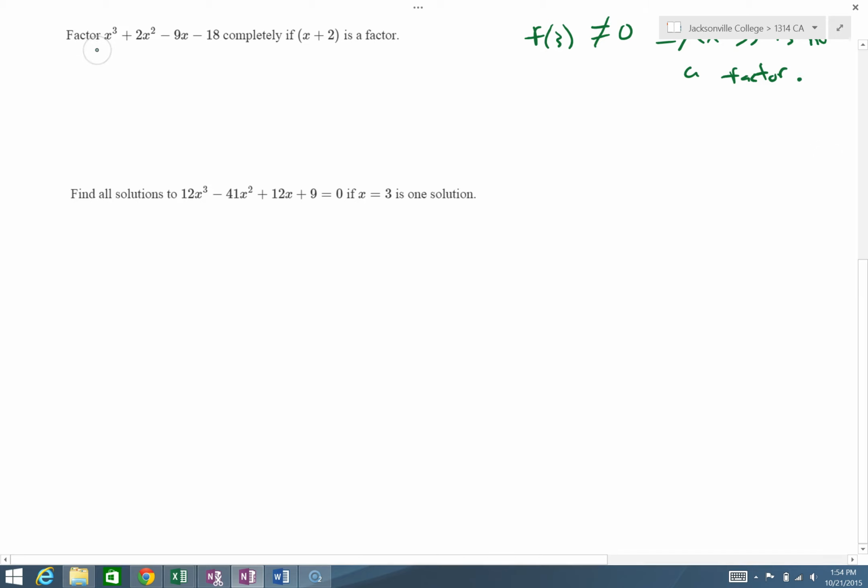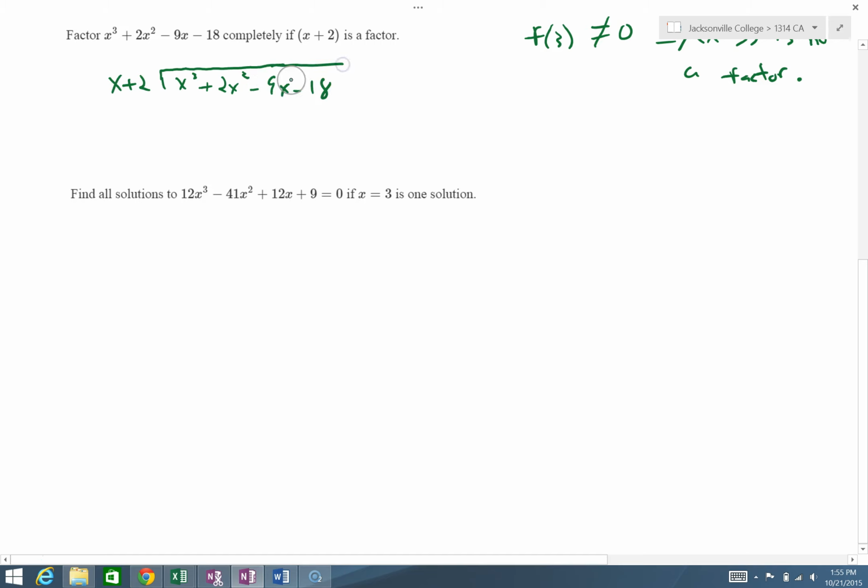Factor x cubed plus 2x squared minus 9x minus 18. What I'm going to do to find the other factors of this polynomial is simply divide by this x plus 2. So I'm going to divide x plus 2 into x cubed plus 2x squared minus 9x minus 18.